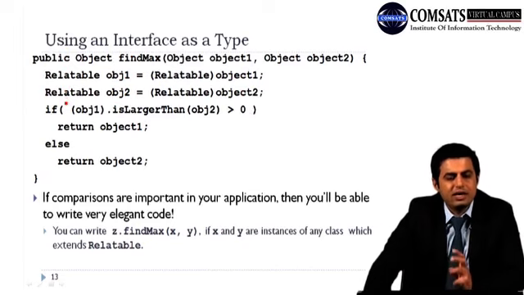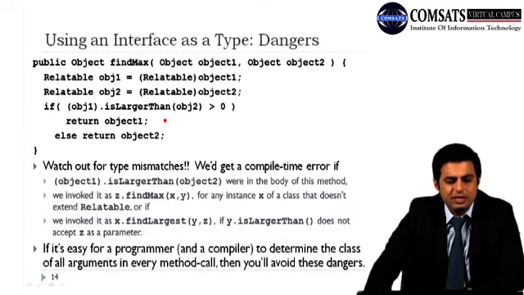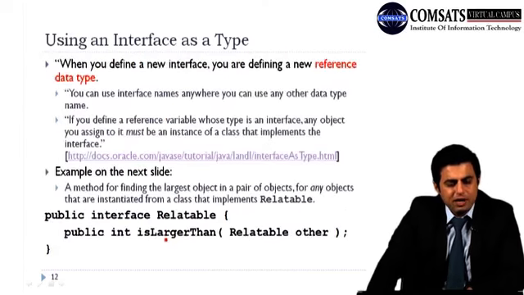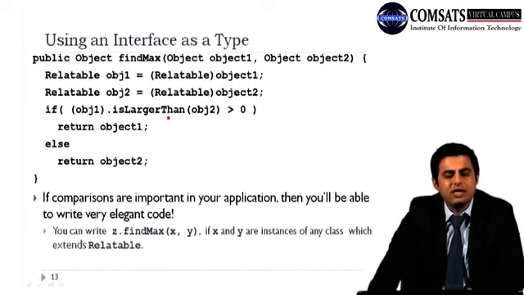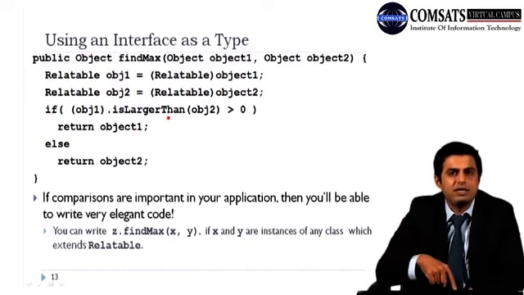Now once they are Relatable, you can call this method isLargerThan. isLargerThan is a part of this interface, so it is also part of the implementing class.